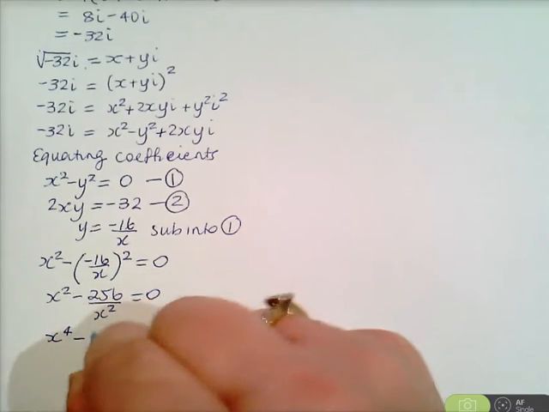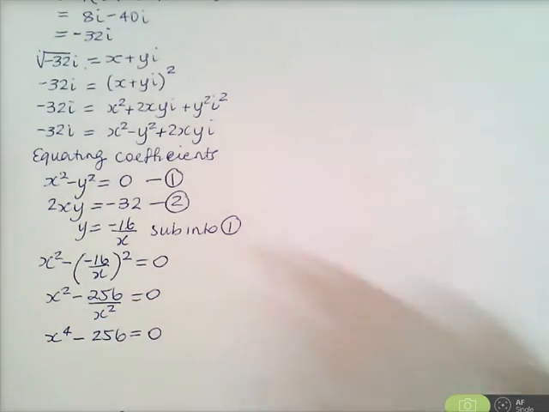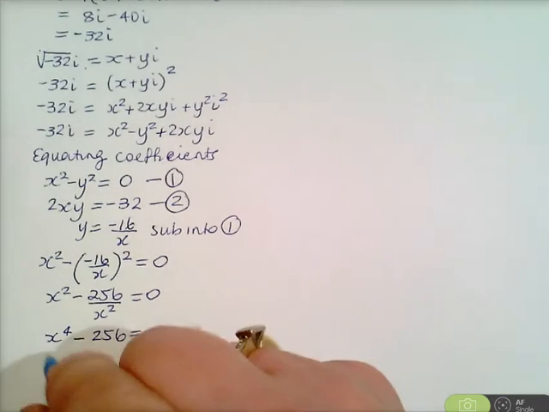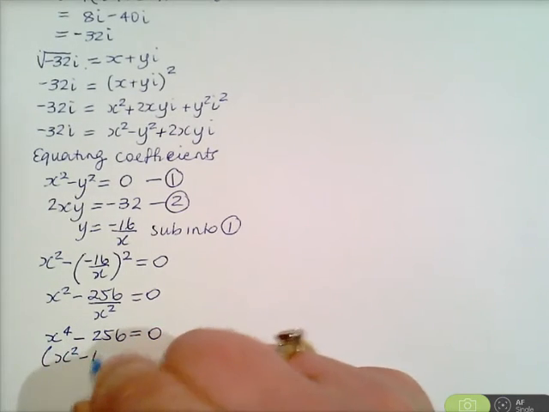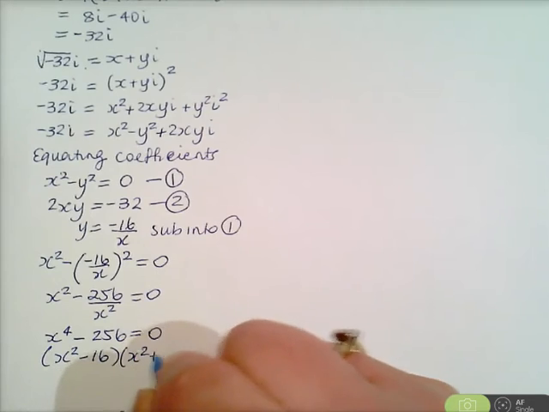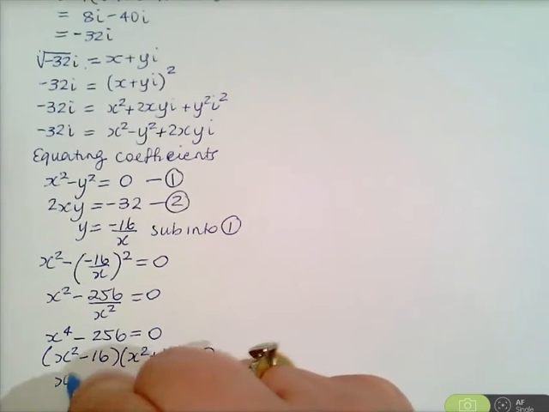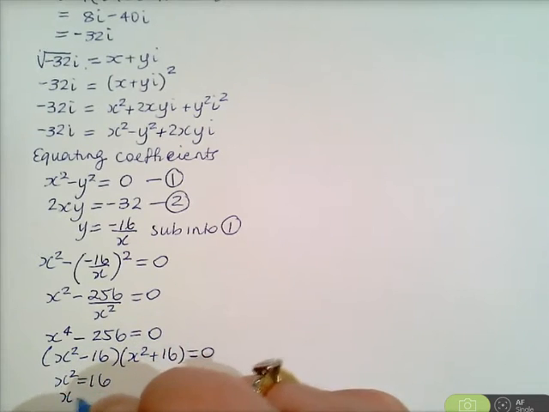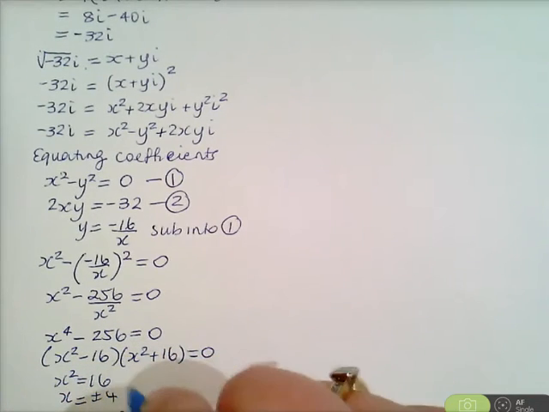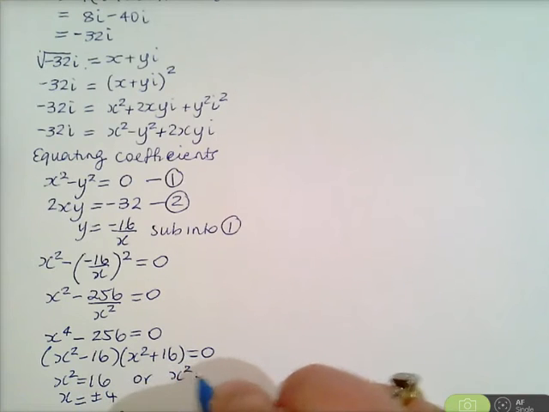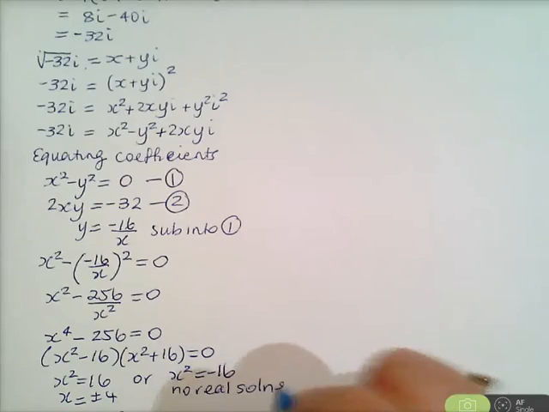Multiplying through by x squared, you get that. Factorizing, you get x squared minus 16, x squared plus 16 equals 0. Solving, you get that x squared is 16, in other words x is plus or minus 4, or we get that x squared is negative 16, which has no real solutions.